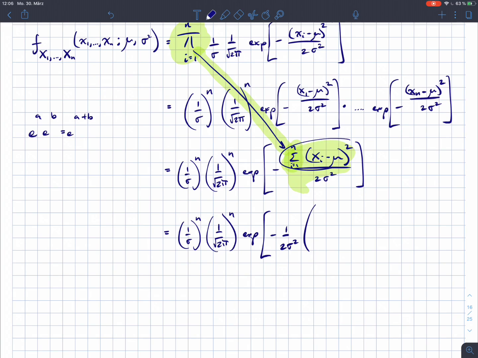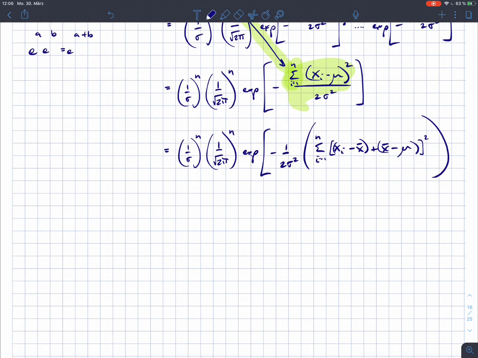I'm going to write this sum by adding and subtracting x bar, like this. And now let's see what I can do with this thing. I have the sum of (xi minus x bar n) squared. So expanding the square, plus 2 times the sum. Well, let's leave the sum outside of it for now. So let's just expand the square.